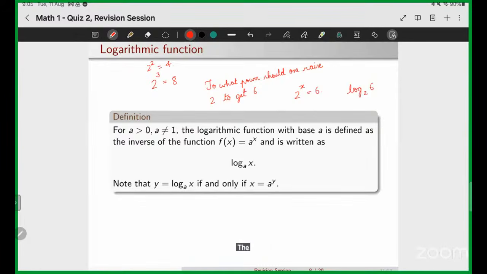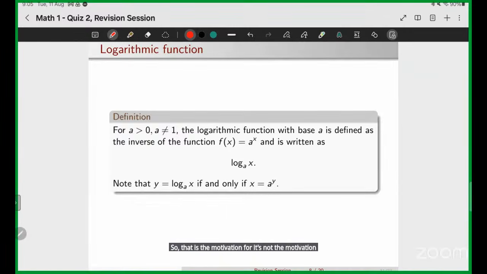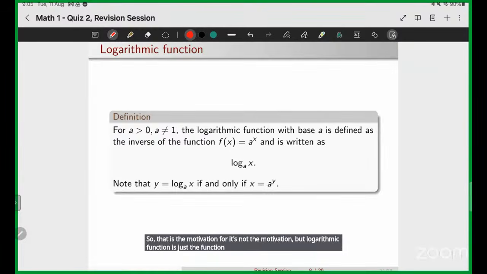It is the power to which 2 needs to be raised in order to get 6. Or, under the exponential function, what should be the input so that the output is 6? Or what is the value of the inverse of 6? The logarithmic function is just the function inverse of the exponential function.